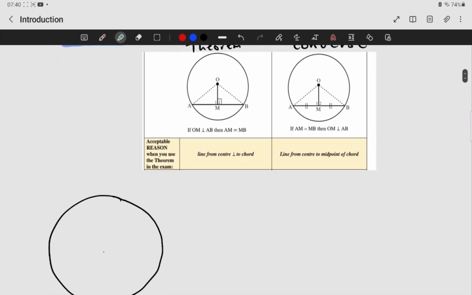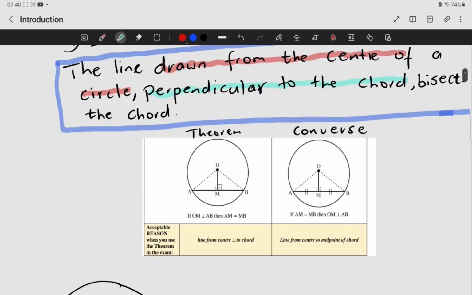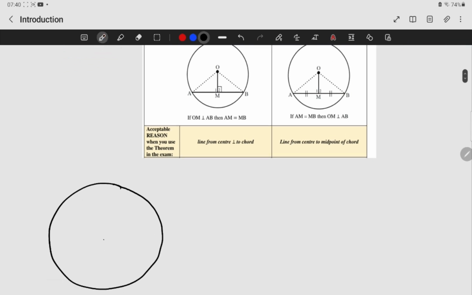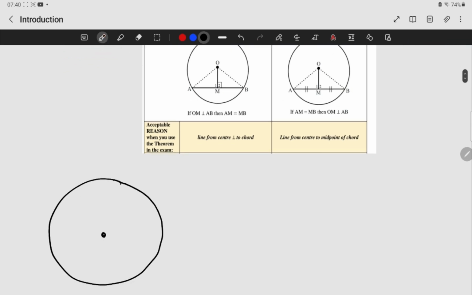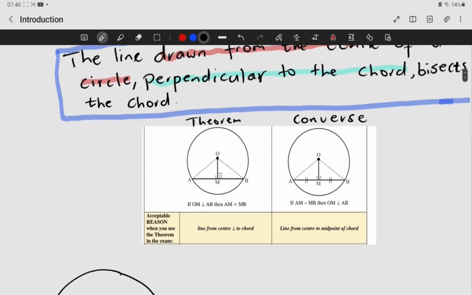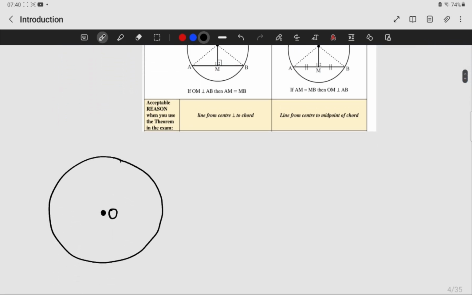Let's put this in a diagram, one condition at a time. First we've got a line drawn from the center of a circle. So we need a center here, and it's normally called O. We also need a chord, which I'm going to call AB.